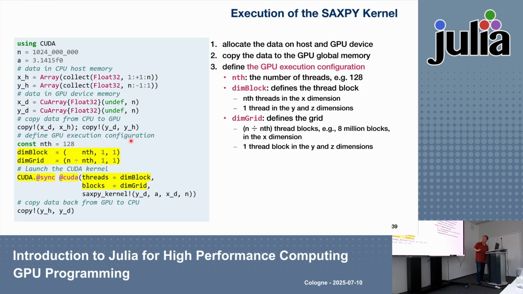And then you need to define the so-called GPU execution configuration, how to launch the CUDA kernel. To define this, you need to specify the number of threads for one block, the block size, and also the dimension of the grid. But this is only for one dimension. If your application needs 3 dimensions, this will be super complicated, which means here is not 1, you need some other numbers.